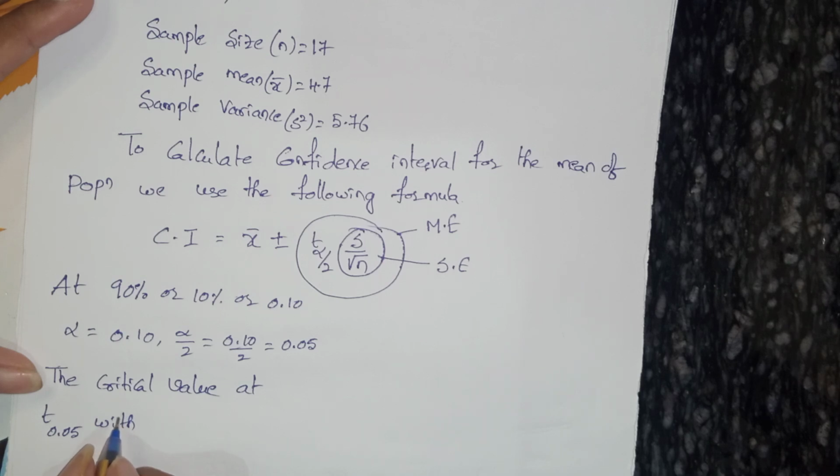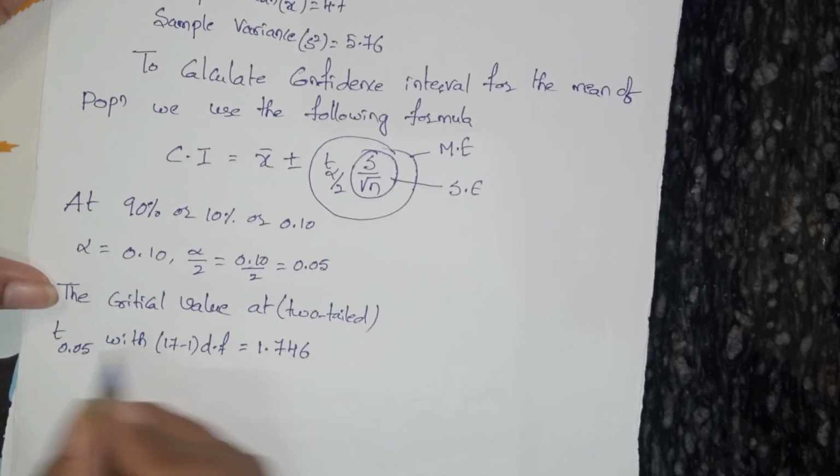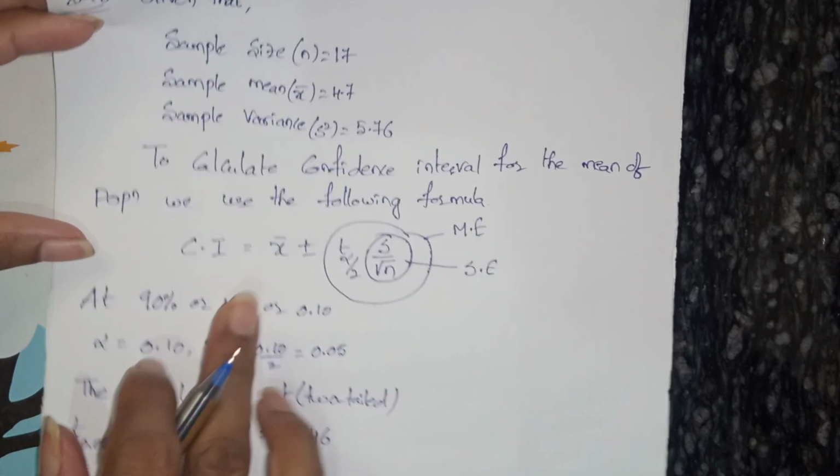N minus 1 in the sense what? 17 minus 1, that means 16 degrees of freedom, equals 1.746. Okay, it is a two-tail test. Two-tailed table values you have to see. Okay, so now we will calculate this.